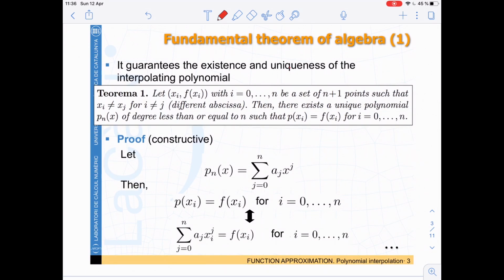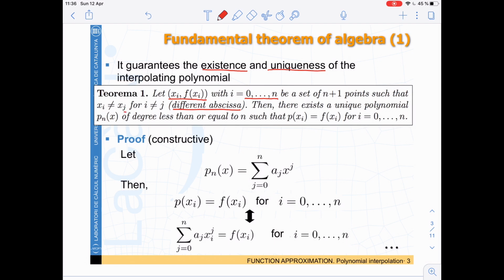The fundamental theorem of algebra establishes the existence and uniqueness of the interpolating polynomial. It goes like this. Let (xi, f(xi)) with i from 0 to n be a set of n plus 1 points with different abscissa. This is an important condition.